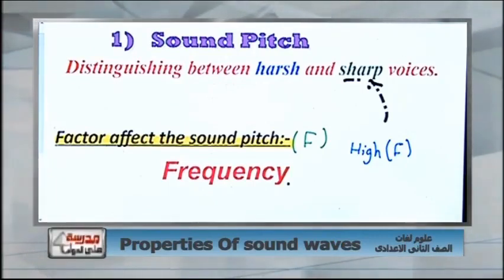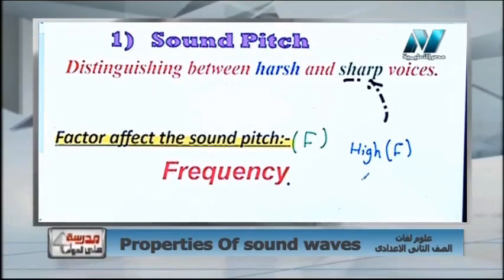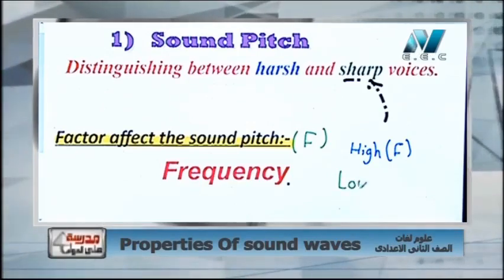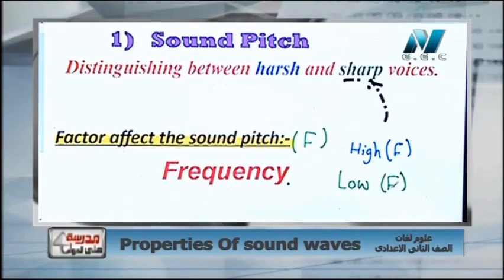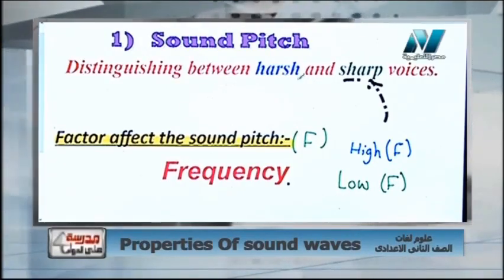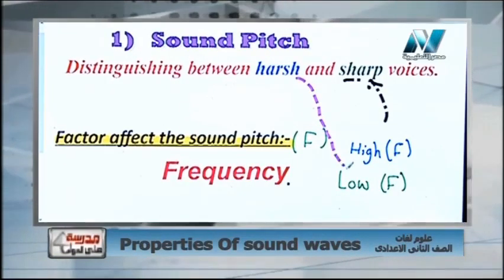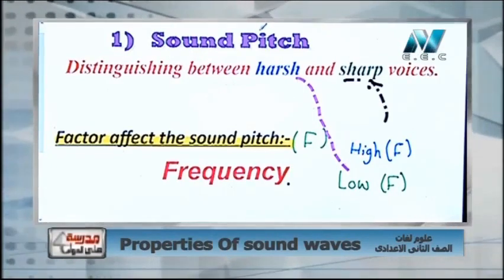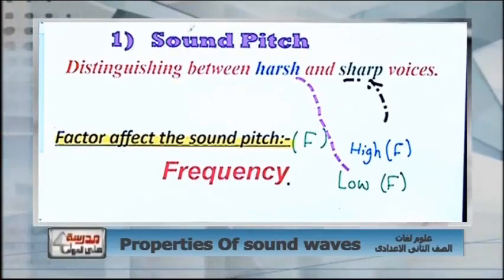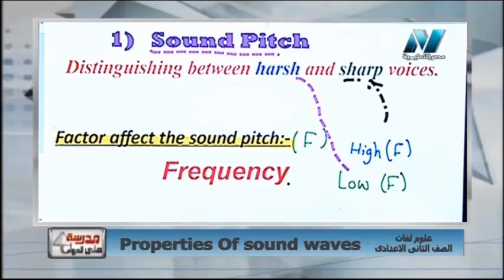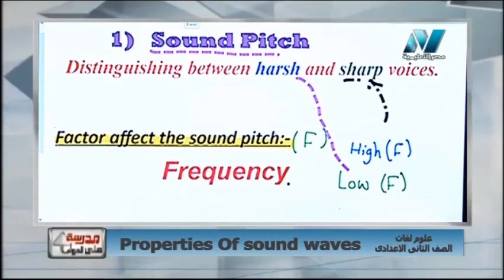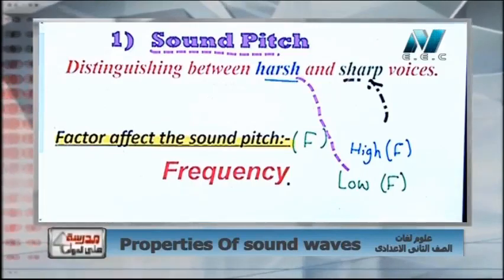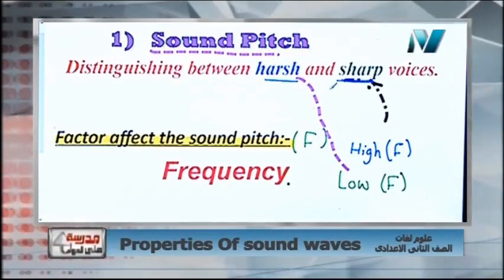While a harsh or rough voice has low frequency, as the voice of a lion or the voice of a man, for example. So number one, sound pitch, by which we distinguish between sounds as harsh, rough or sharp, according to the frequency.